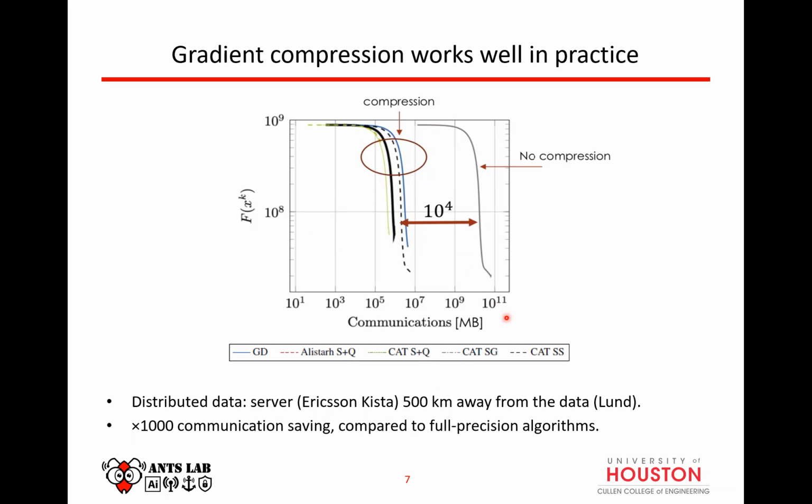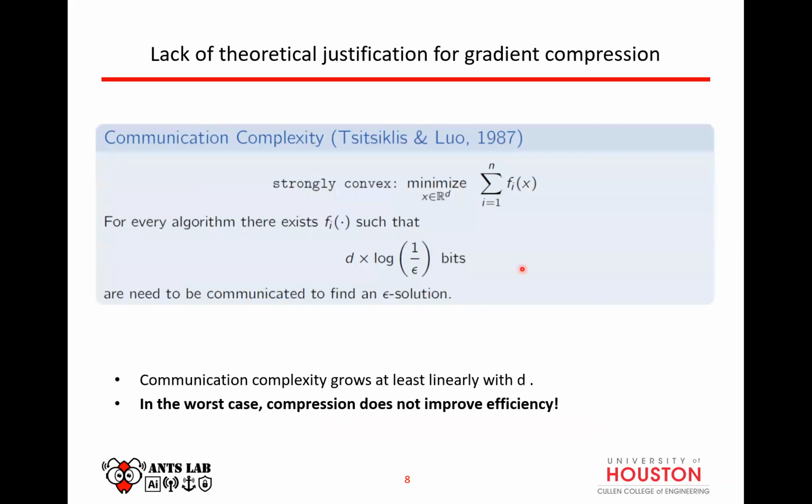What we have seen so far is that, while we know empirically that these compression methods work well, an exact theoretical justification of how this compression is related to communication efficiency is missing. The link is missing.